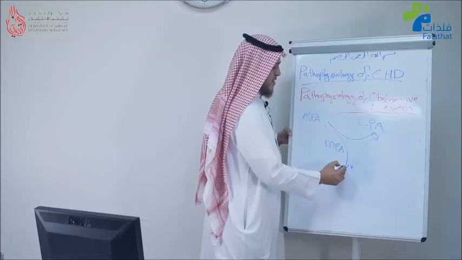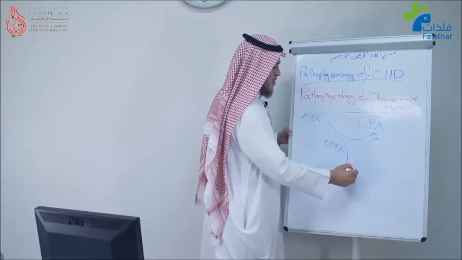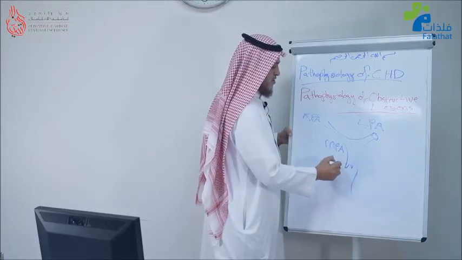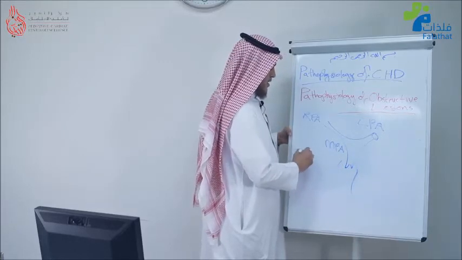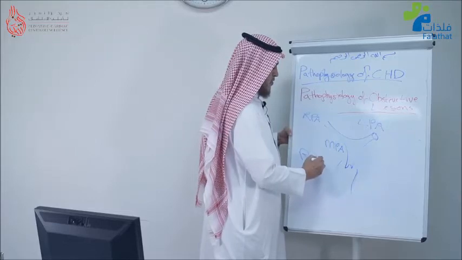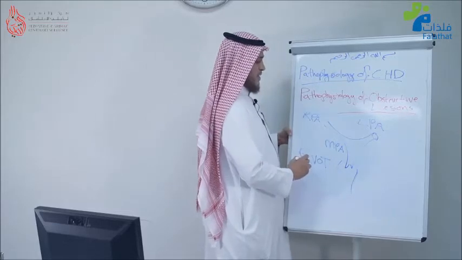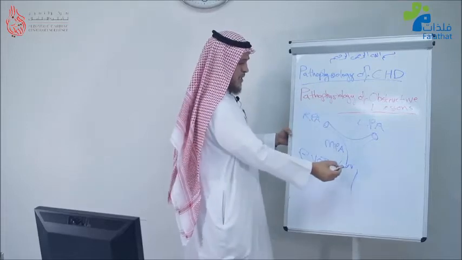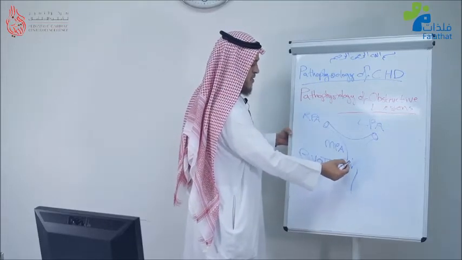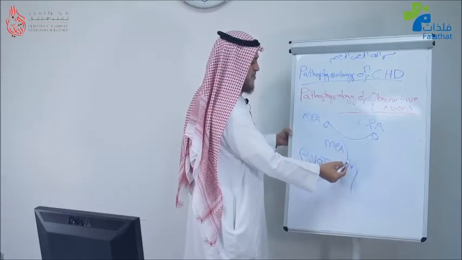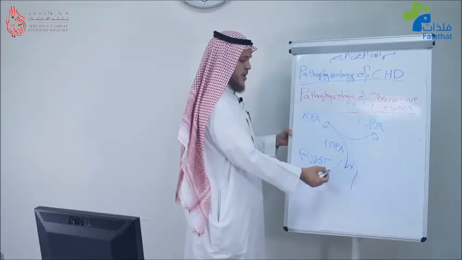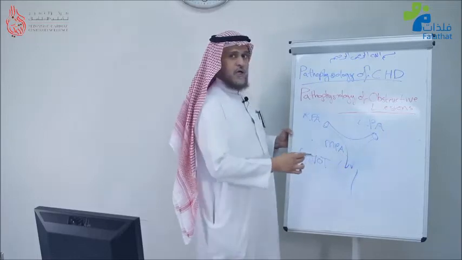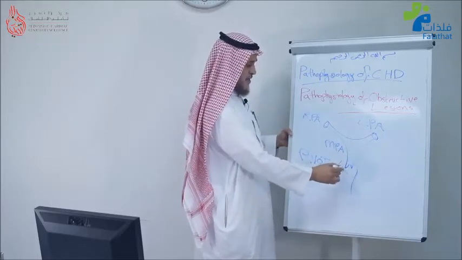And this is the subvalve area, what we call the right ventricular outflow tract, RVOT. So stenosis can happen in the pulmonary valve, just above the pulmonary valve, or just below the pulmonary valve.